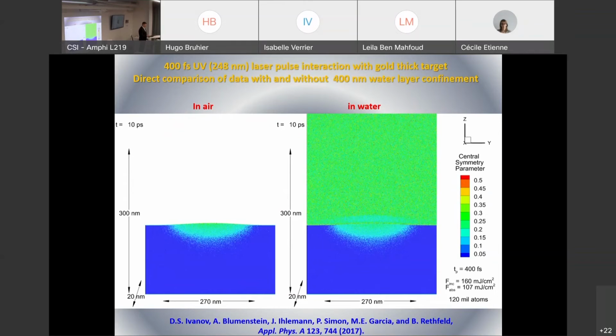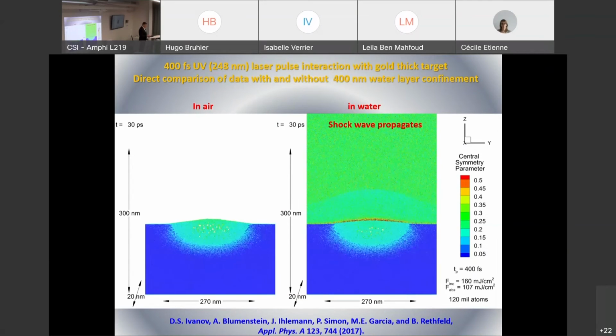So we can see that initially we have a similar melting process, but then we notice first the onset of evaporation along the metal-liquid interface, and also formation of a shock wave inside of water because of a rapid expansion of the surface.